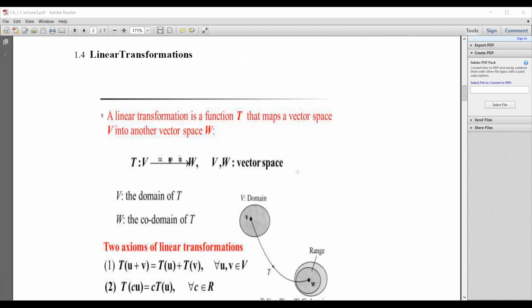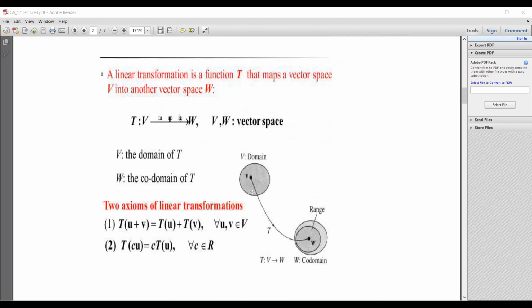Suppose we have two vector spaces, V and W, and we consider a mapping capital T from V to W. Obviously, we know V is the domain of T and W is the codomain of T. Pictorially, we can see that from this domain V, this mapping T brings each element of V into some element of W. Now, the whole W is known as the codomain, and the images of the elements from V may be a subset of the codomain.